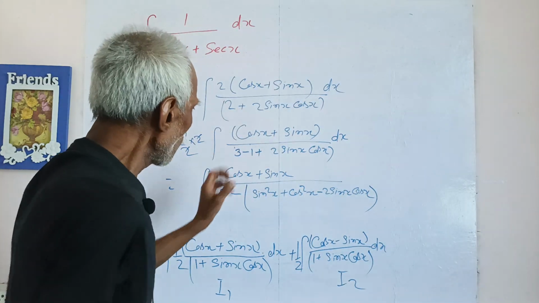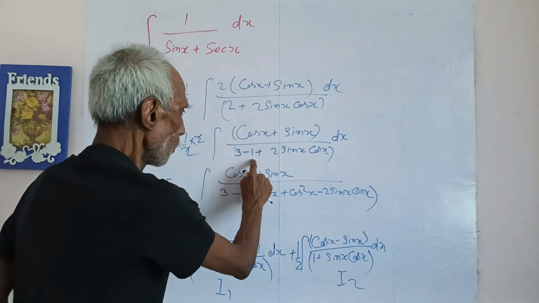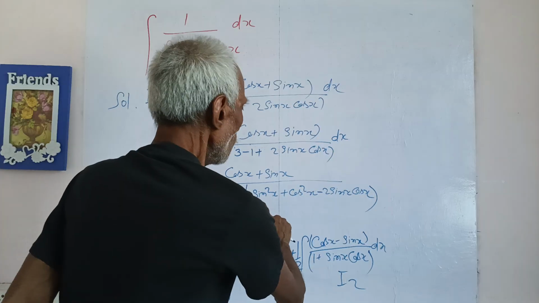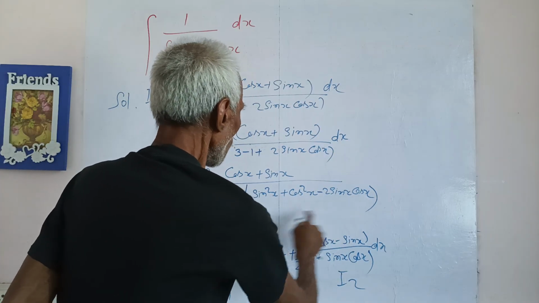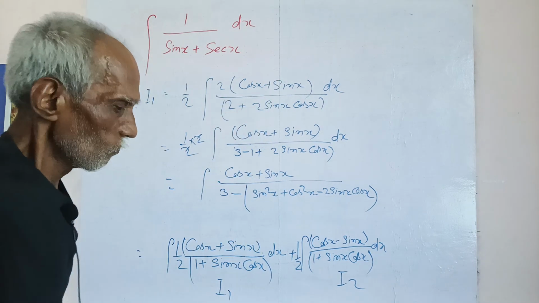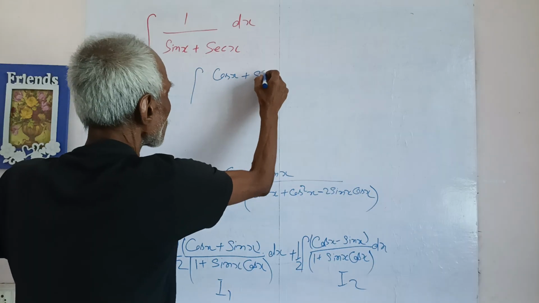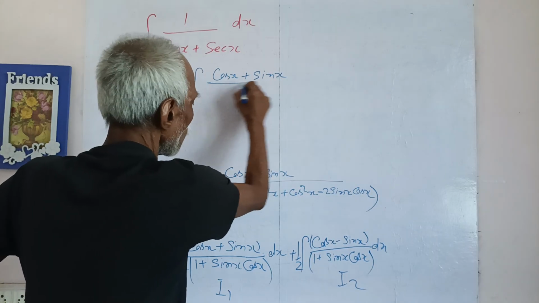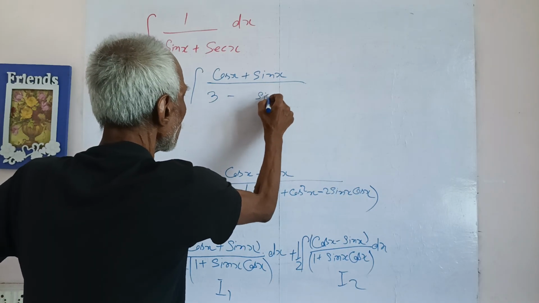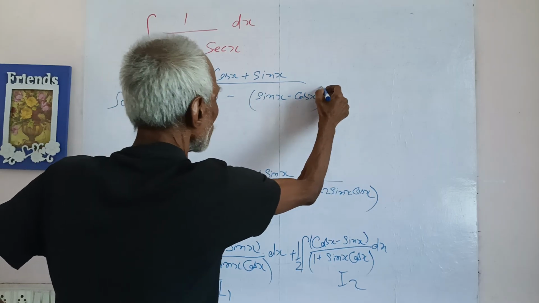But for making a minus b, you have to change this 2 as 3 minus 1. And then take minus common, it will be 1 minus 2ab, and for 1 sin square x plus cos square x. Right? Cos x plus sin x by 3 minus sin x minus cos x whole square.